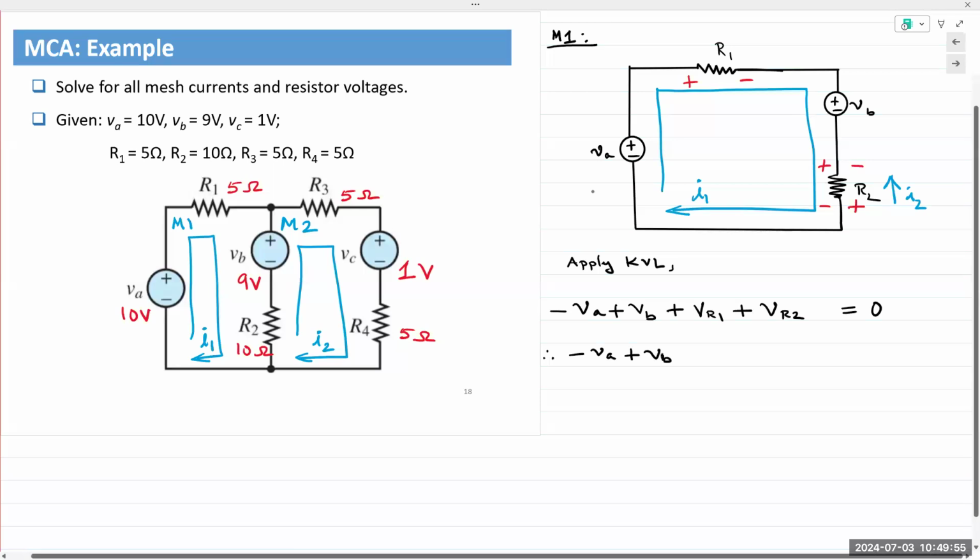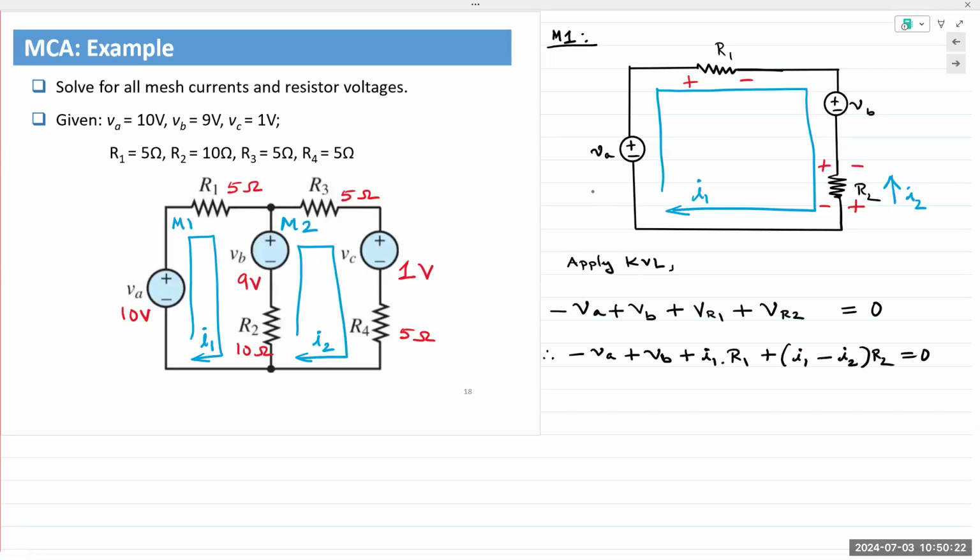VB is a voltage source. We don't need to express those voltages with anything. VR1, we use Ohm's law and express it as I1 times R1. And VR2 would be I1 minus I2 times R2. Make sense? Right?